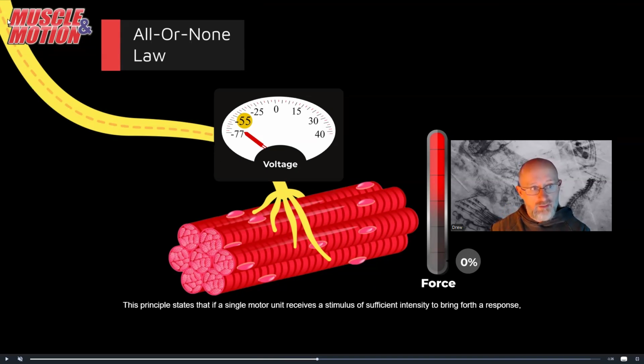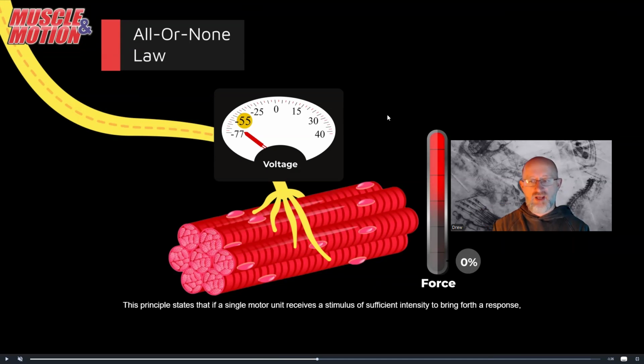So remember, you've got an electrical signal coming down the nerve. As the sodium potassium gates open, you get an influx of sodium in and an outflux of potassium out, or vice versa, and then the voltage in the cell changes. It needs to hit a threshold for the electrical signal to keep propagating down the nerve into the muscle.